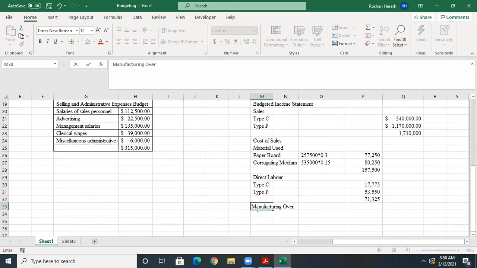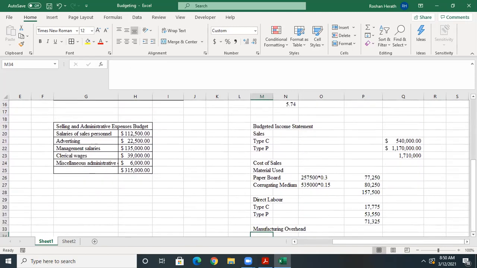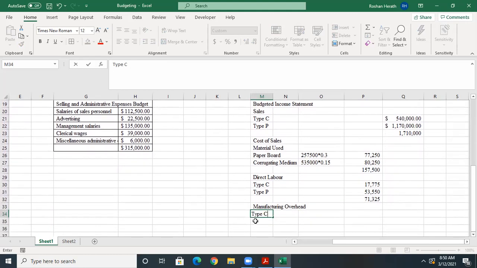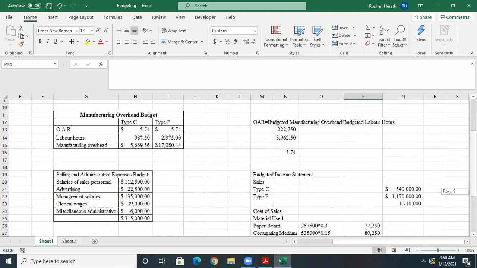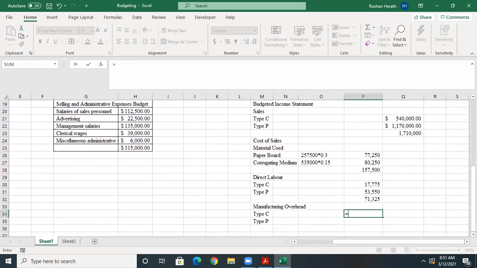And here again you have basically the two products, type C and type P. So relating to type C, you absorbed 5,669.96 or something.